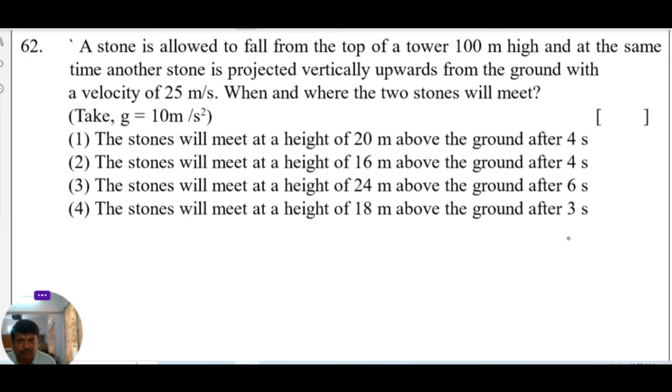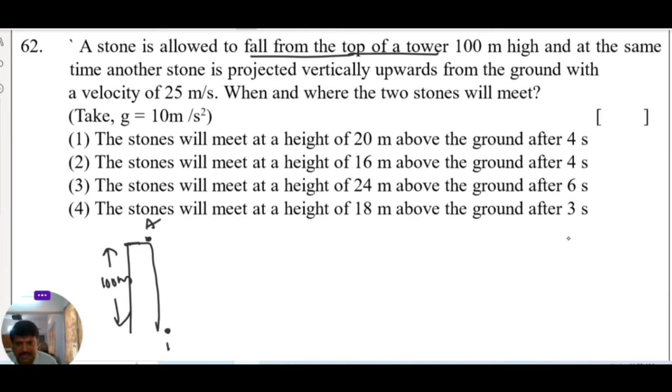So a stone is allowed to fall from the top of a tower. My dear children, consider it is a tower. One stone is A. It is allowed to fall from the top of the tower. The tower height is given, it is 100 meter high, and at the same time another stone is projected vertically upwards.